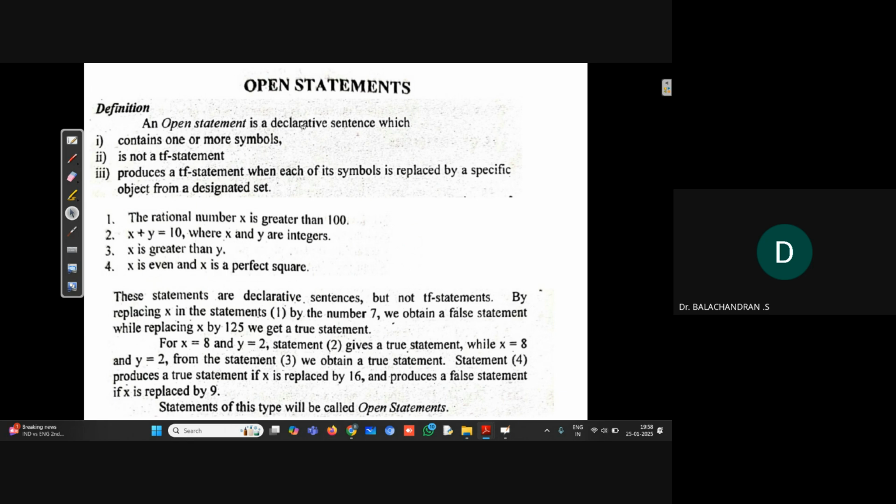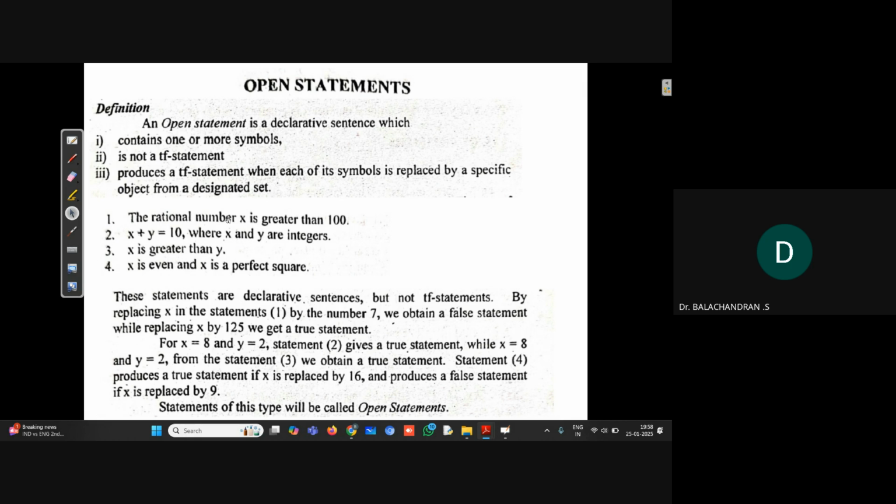An open statement is a declarative sentence which contains one or more symbols, and it is not a true or false statement. But it is converted into a true or false statement when each of its symbols is replaced by a specific object from a designated set.